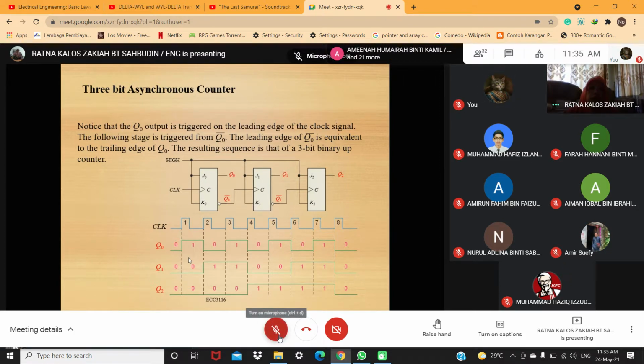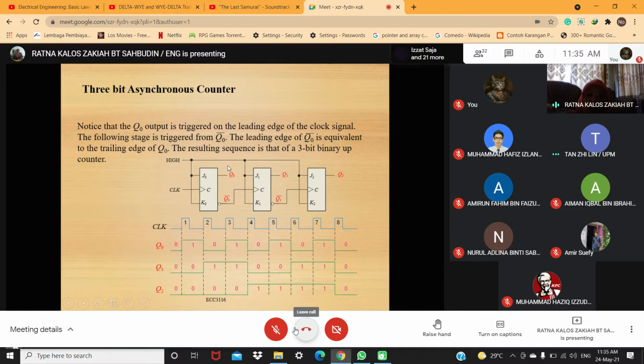Doctor, if we connect Q naught to the second counter's clock, does it mean that Q1 will become 1 when it is on? Q1, you mean this part here is connected to here?